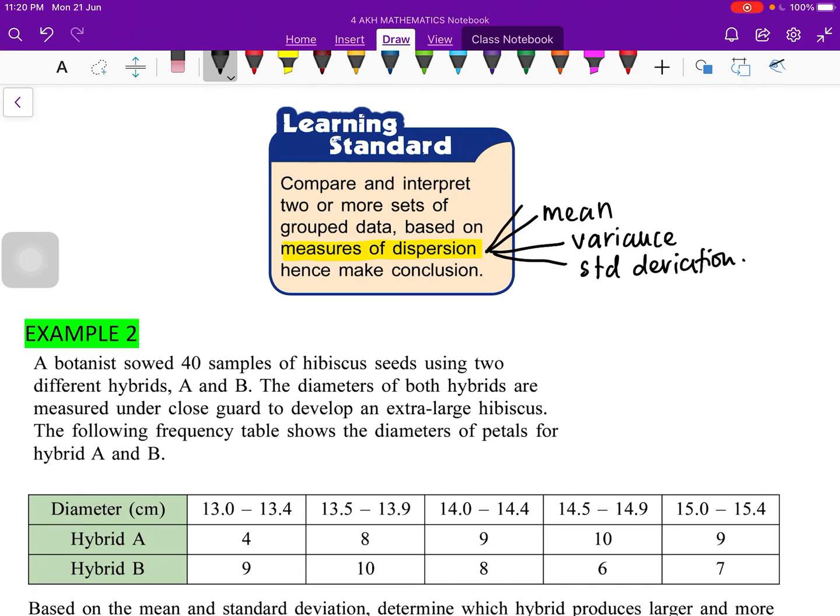Okay, sometimes we can also refer to our range, ataupun our interquartile range.